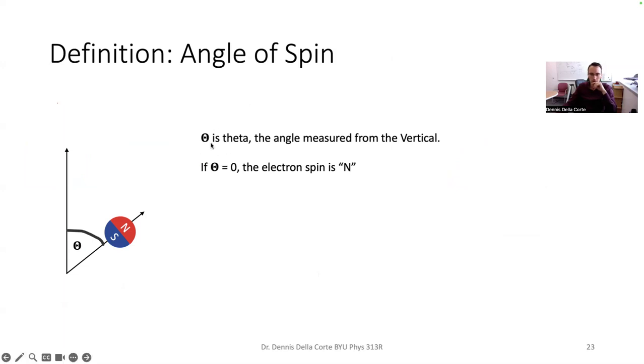We call this theta, and it's going to be this angle that is measured from the vertical. So this one here might be a theta of 45 degrees. So if theta would be zero, then this qubit would be pointing straight up. And then we would say the electron spin points towards the north, straight up.